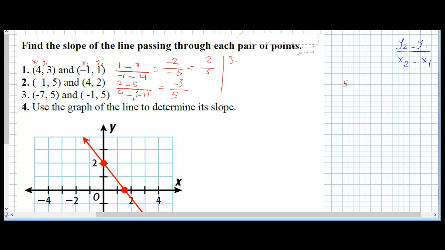Question 3. We have (-7, 5) and (-1, 5).